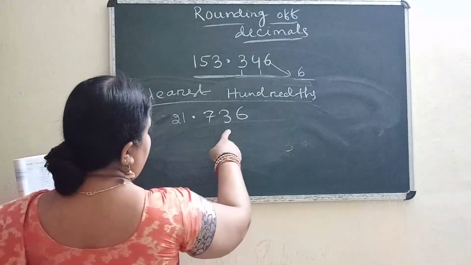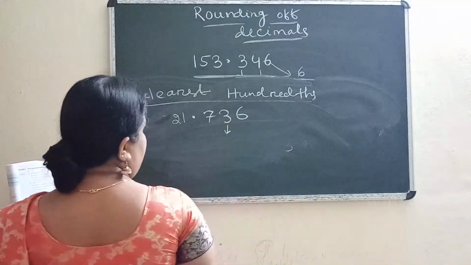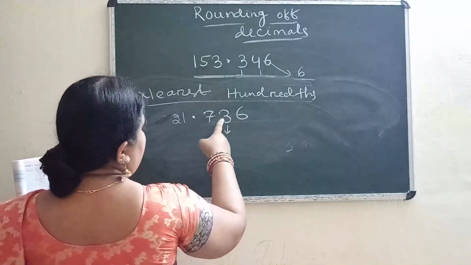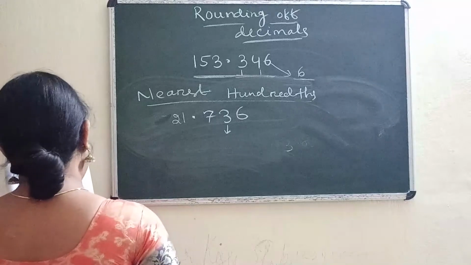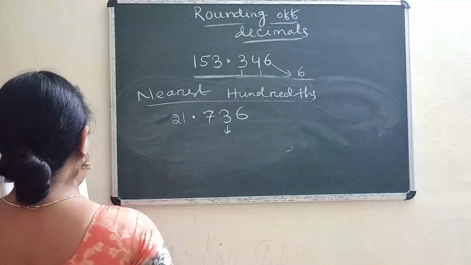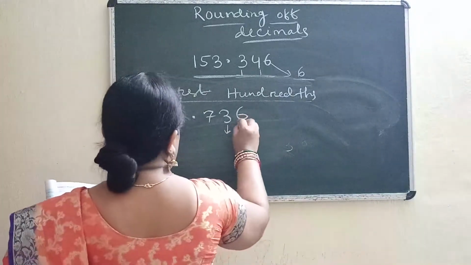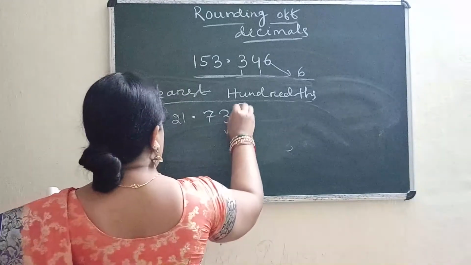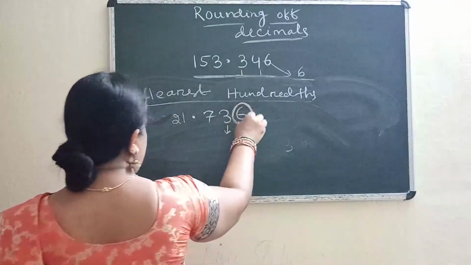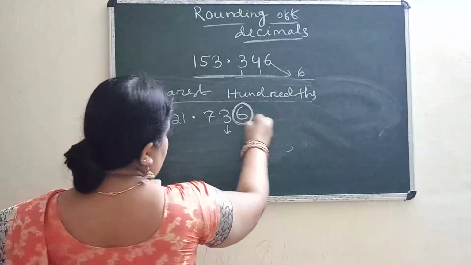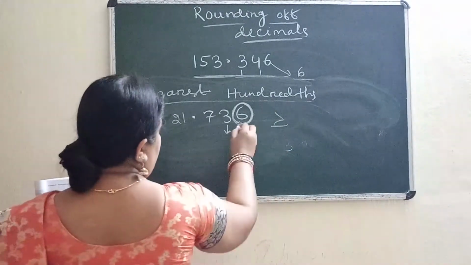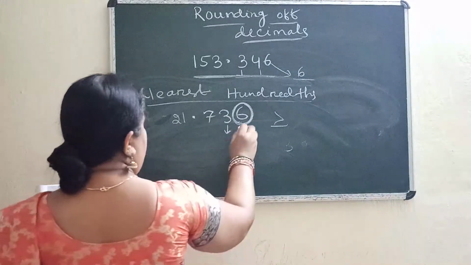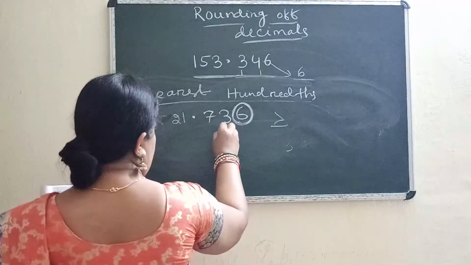So which place is hundredths? This place is hundredths. Okay, so for nearest hundredths, which place will you check? 21.736. So the place is here. So if this one is greater than or equal to 5, then what will you do? This one is greater than 5, then you will add plus 1 here.